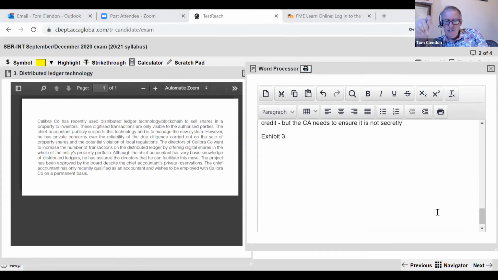If I said the decision is to be done in the best interest of the directors, instead of ensuring it is not done secretly, is that correct?